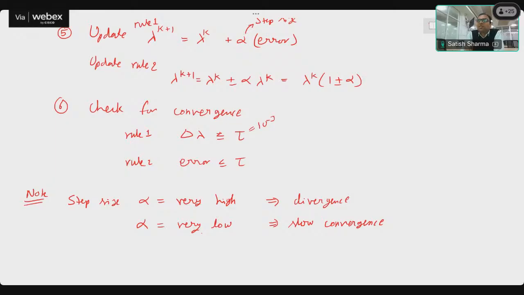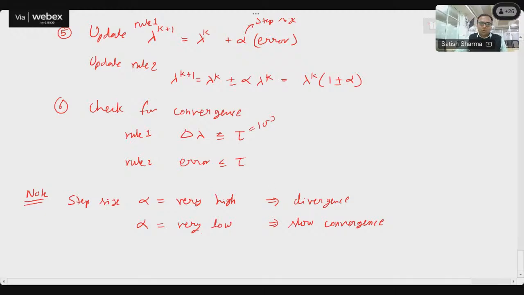So this step size decides everything for this particular kind of method. Okay, so if you have any doubt so far, you can ask them.